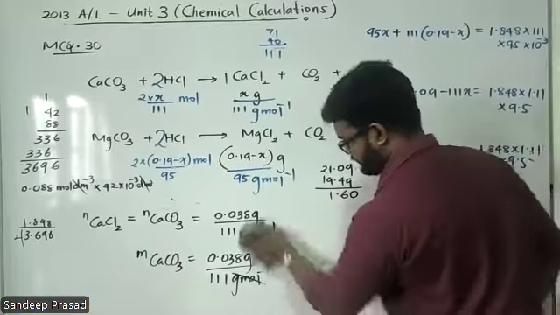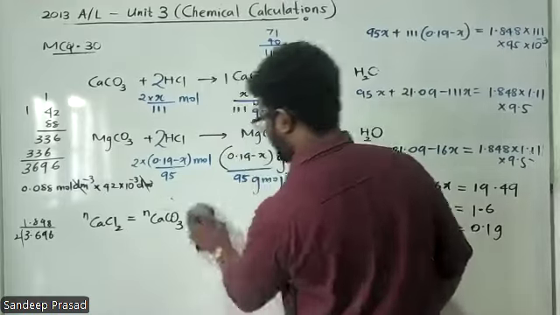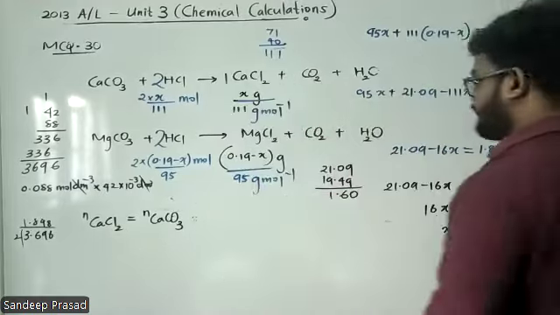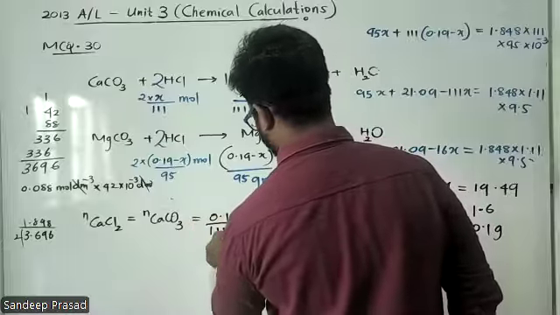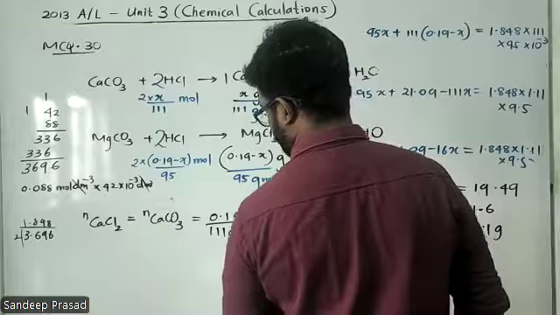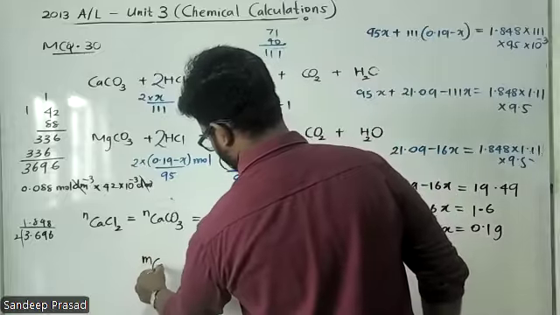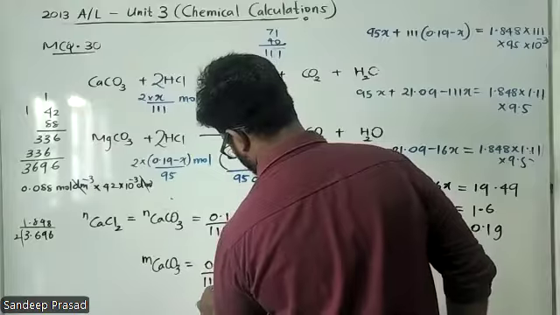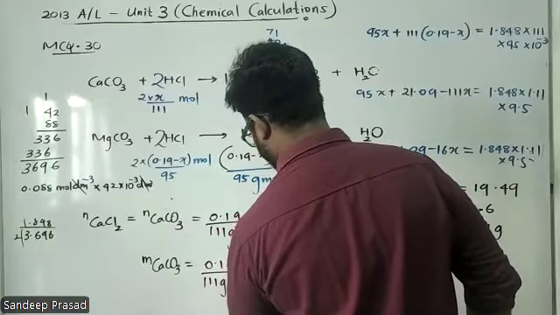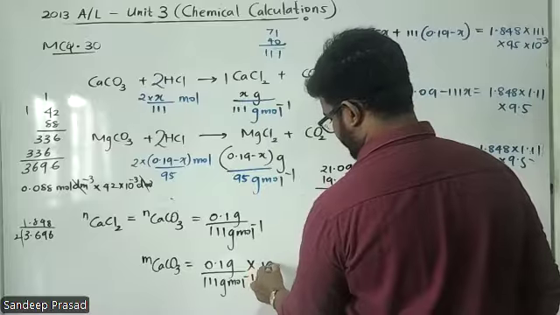Right now, okay. So calculation errors. Yes, calculation errors. Then 0.1 grams divided by 111 grams per mole. And the mass of calcium carbonate should be then 0.1 grams divided by 111 grams per mole multiplied by 100 grams per mole.